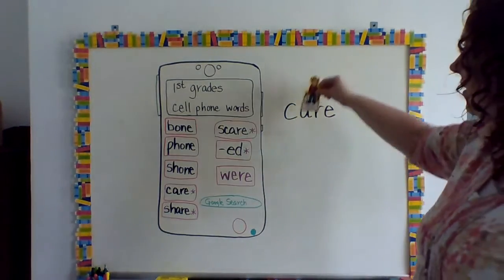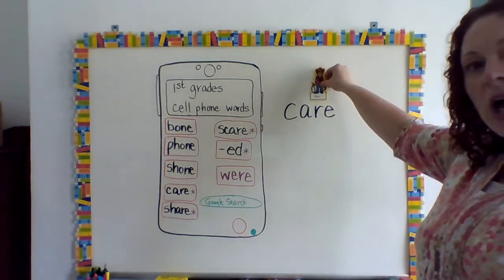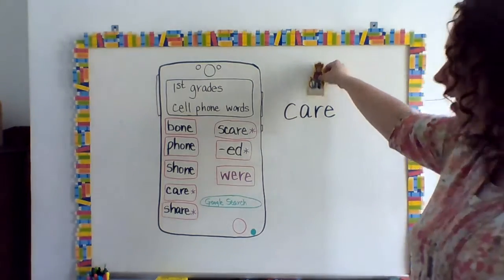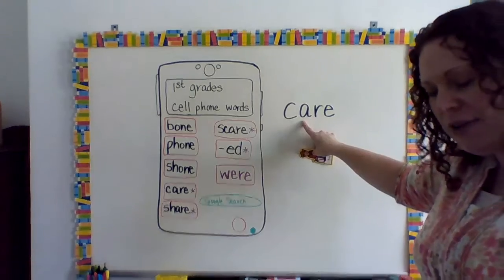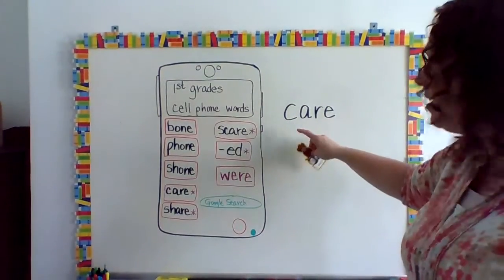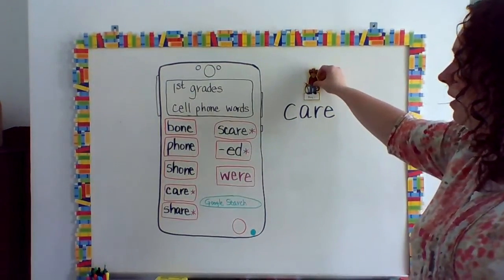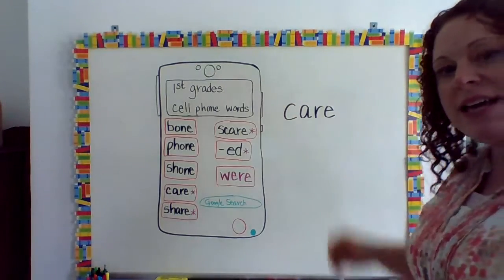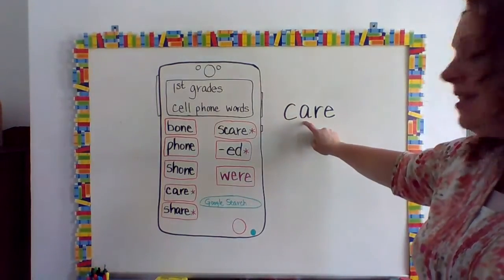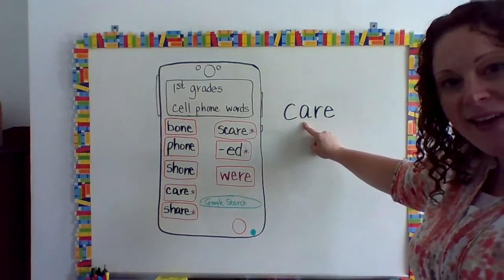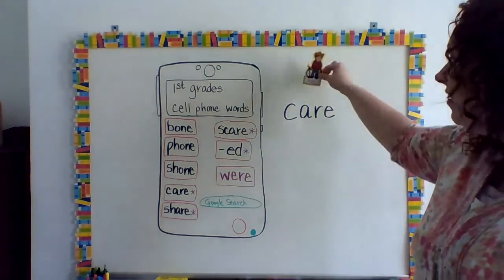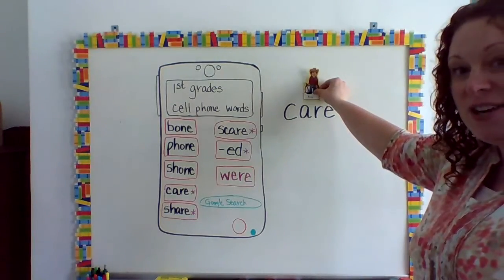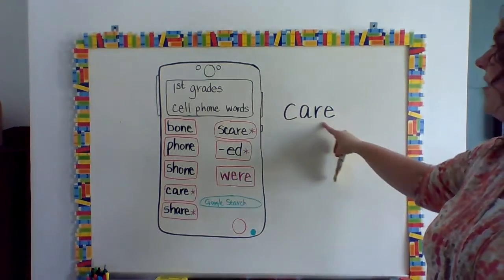And look who appears, Bossy R, because he's influencing the way this vowel sounds. So when he's up here, he's not letting the A say A or ah. He's saying R. So that's tricky. Bossy R is right there. So we have care.